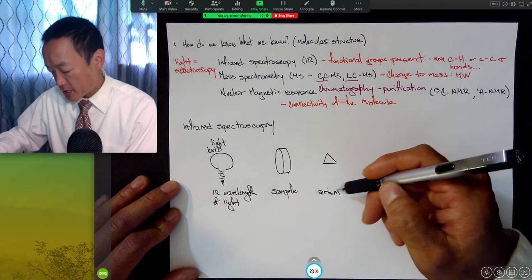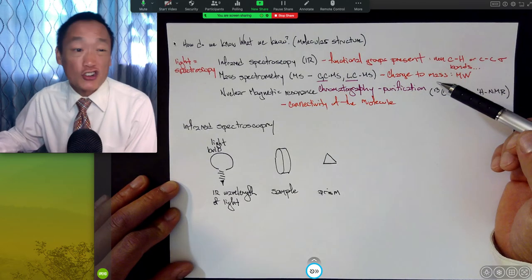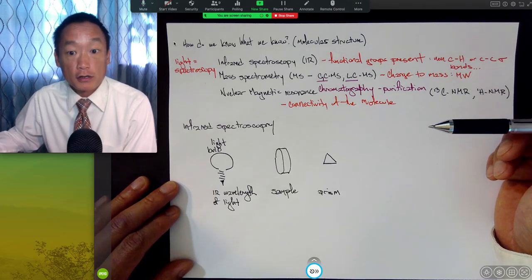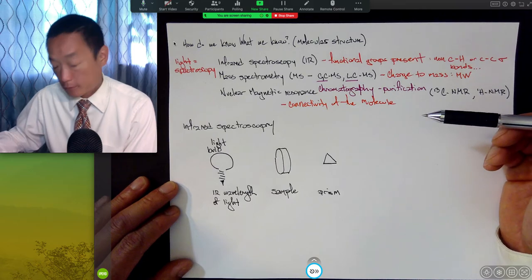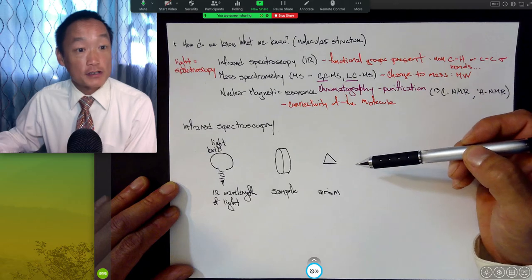You're also probably thinking of the Pink Floyd Dark Side of the Moon album cover. But you have a prism, and the light is going to show up.